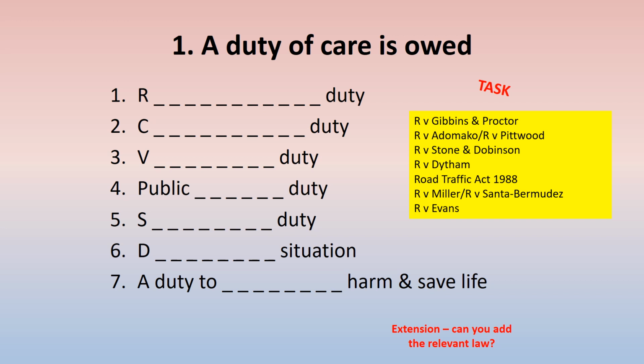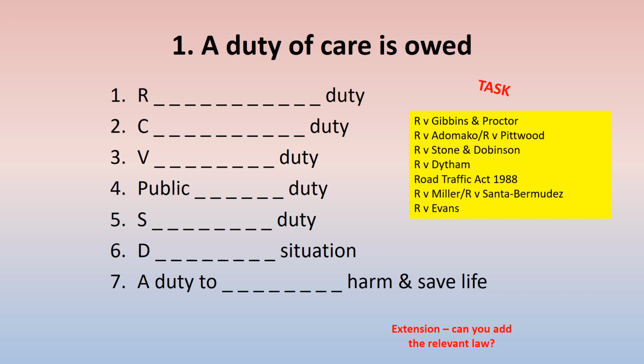Doctor to patient, Adomako. And of course Pitwood is a good illustration of that as well, who failed in his duty at work. A voluntary duty, and that comes from Stone and Dobinson, so where you volunteer to take care for somebody. Public office, and that's Dytham, if you remember the police officer. So anybody in the emergency or public services would come under that bracket.